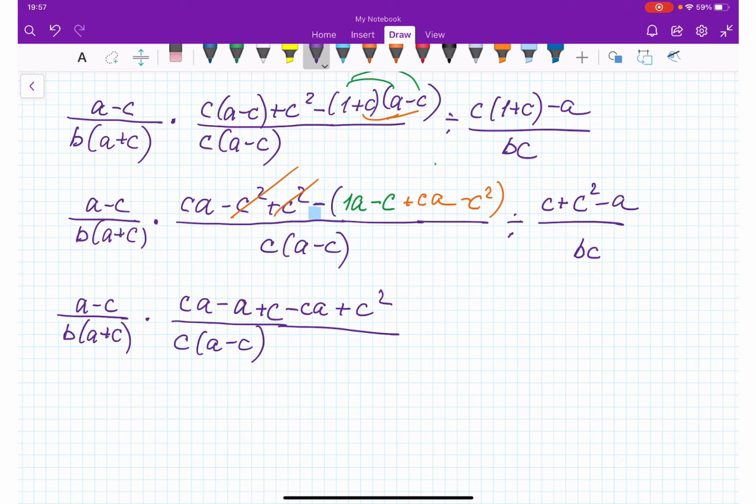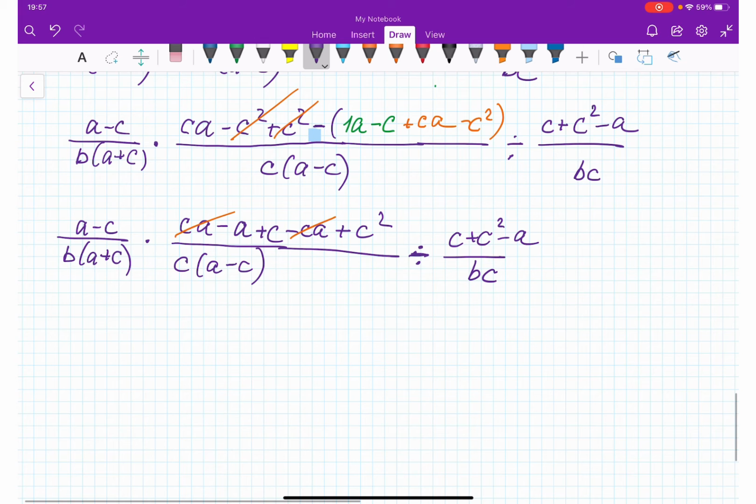So here plus ca minus ca is gone, and we get divided by, we have division, c plus c squared minus a, and here is bc. All right, so I'm going to do this multiplication and division at the same time.